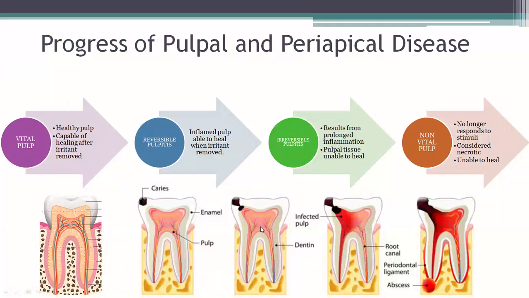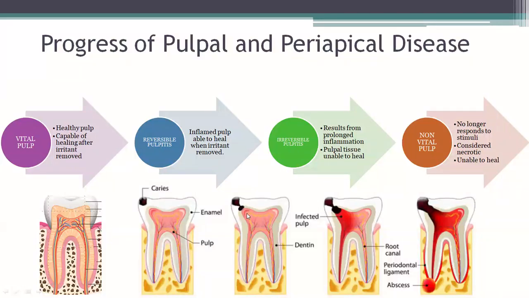At this point, the pulp is going to start to feel it, and it's going to start to become inflamed. The inflammation increases the redness around the area of the tooth. And if this is not well taken care of, it will eventually become an irreversible pulpitis. It results from a prolonged inflammation.